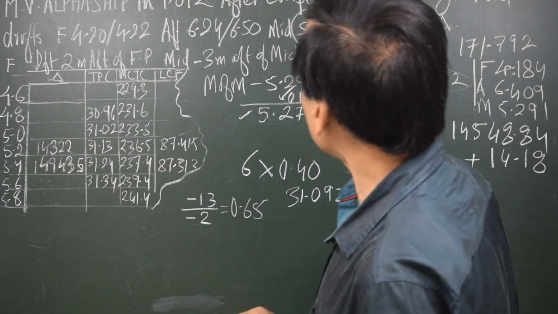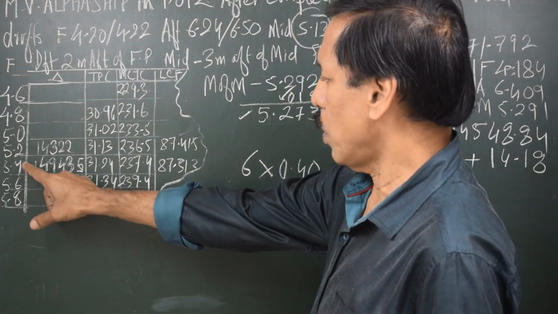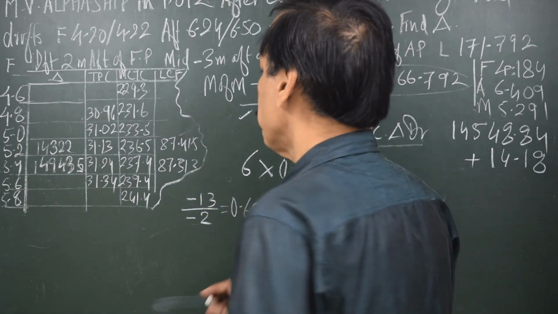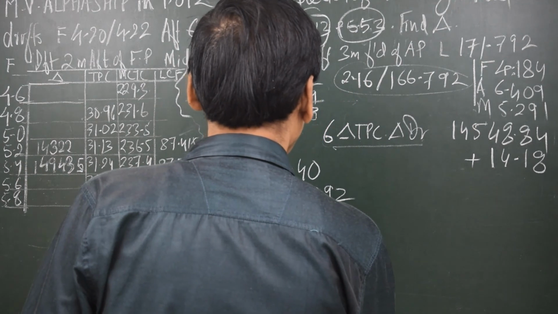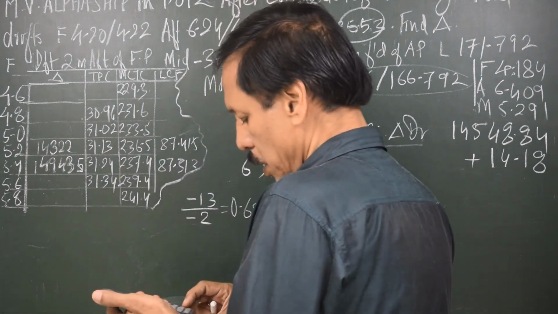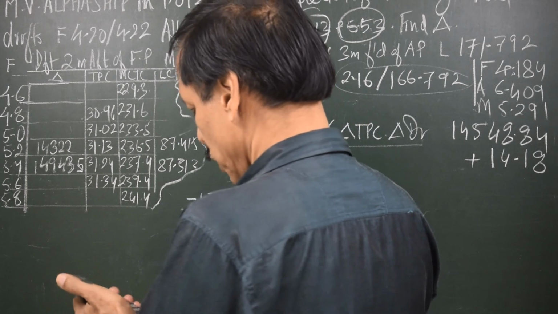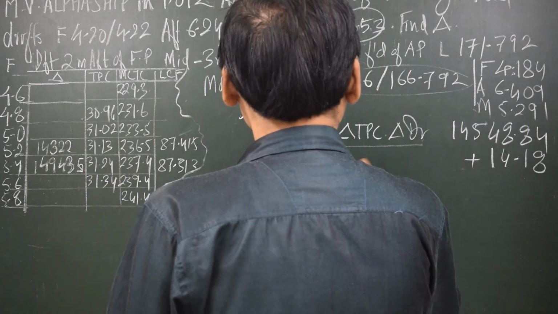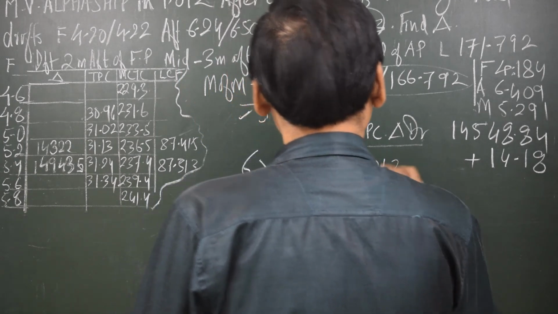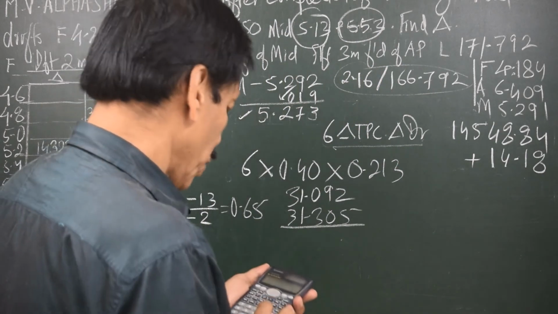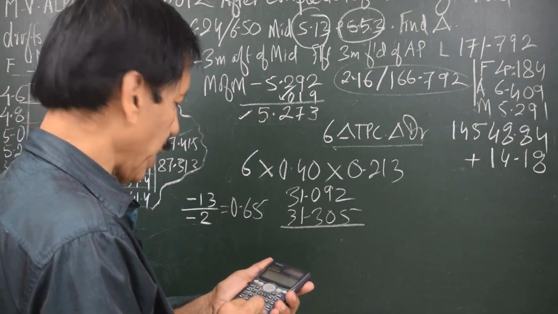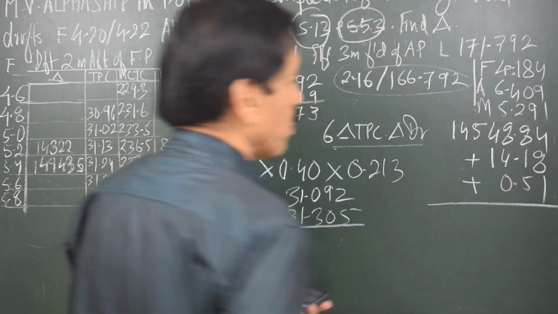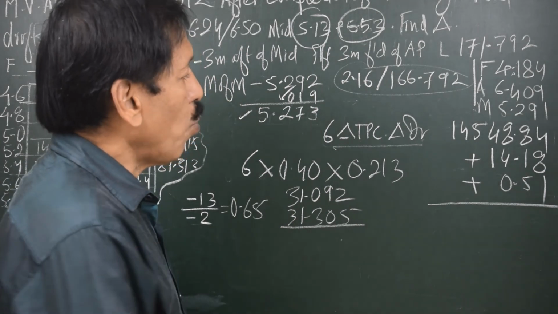And to find out the TPC for 5.53, I interpolate between 5.4 and 5.6, which gives me 31.305. 31.305 minus 31.092 gives me 0.213. So 0.213 into 0.4 into 6 gives me 0.51 is the correction.